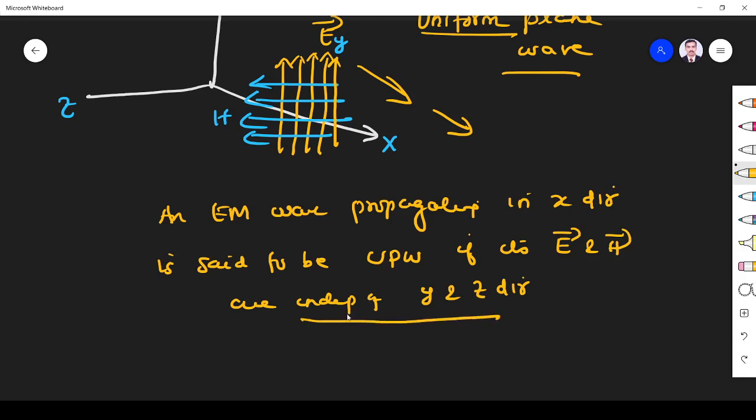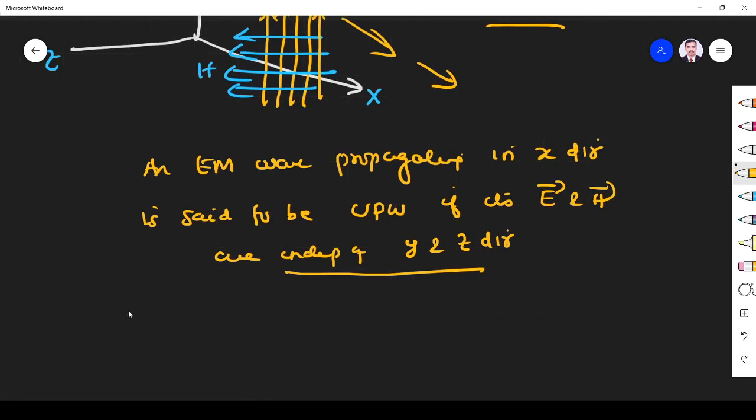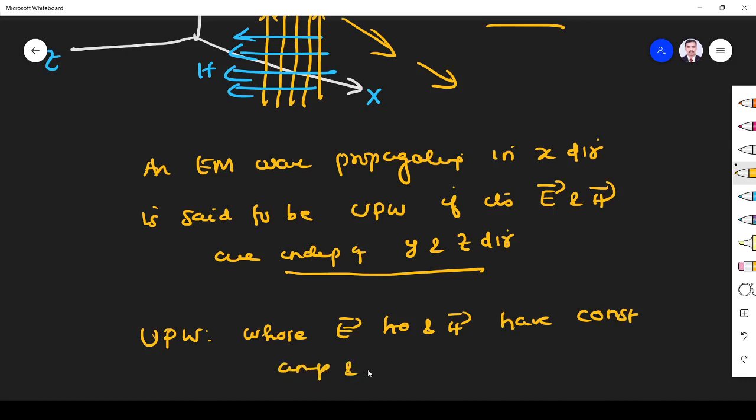So you can define it further like this: a uniform plane wave, UPW, is one whose electric field and magnetic field have constant amplitude over the equiphase surface.